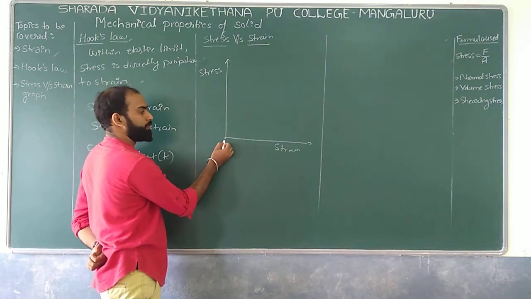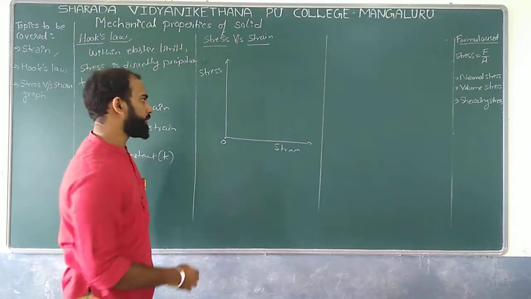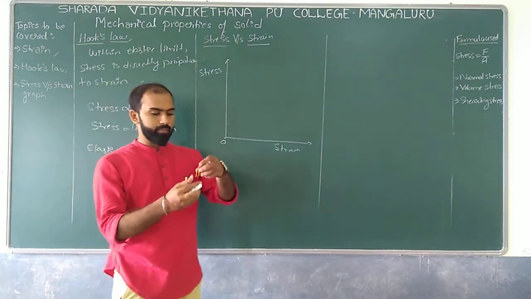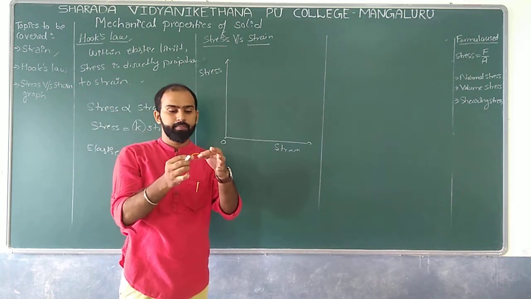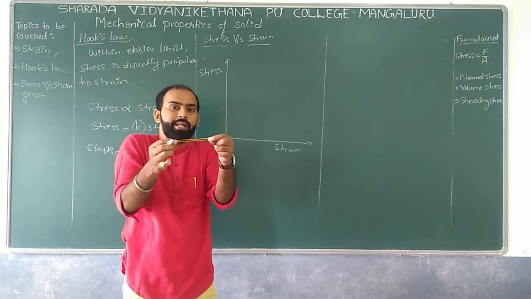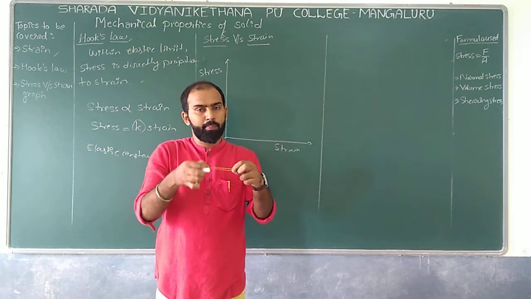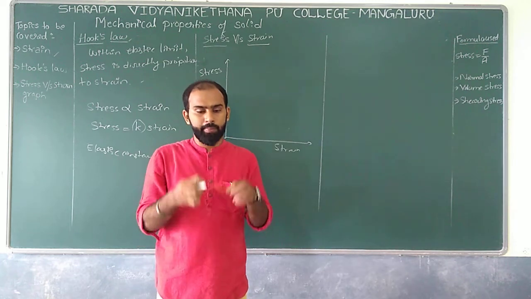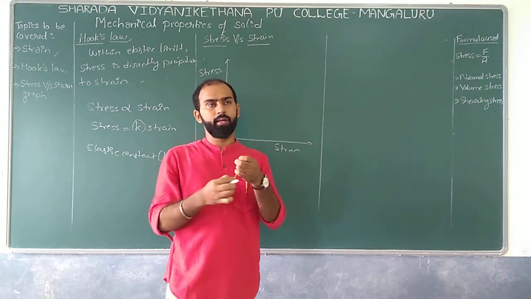You take a point O over here. There is a rubber band in my hand, and you can extend it up to a certain point, right? If you apply a larger force, the possibility of breaking of this wire, or breaking of the rubber, will take place, correct?